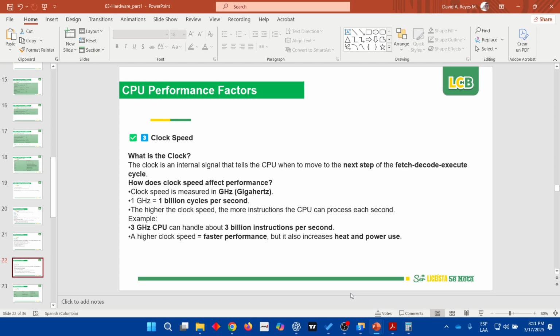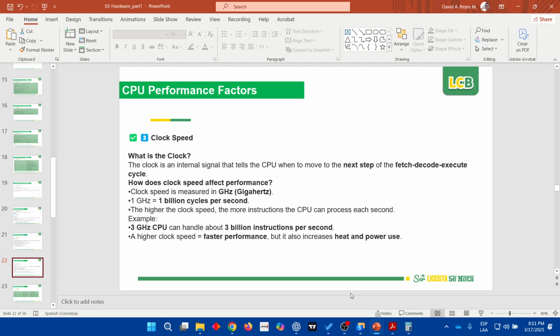Clock speed. What is the clock speed? The clock speed is an internal signal that tells the CPU when to move to the next step of the fetch-decode-execute cycle. How does the clock speed affect performance? The clock speed is measured in gigahertz. 1 gigahertz means the CPU is going to perform 1 billion cycles per second.